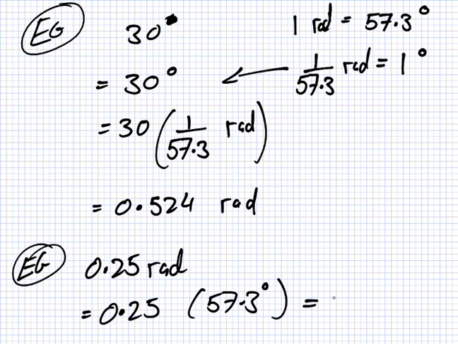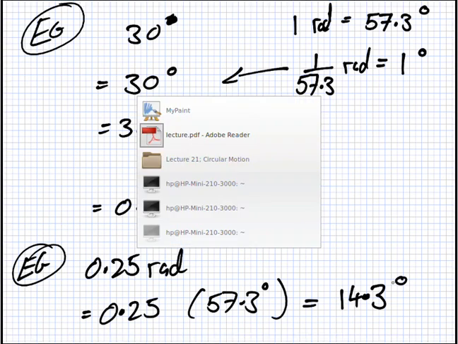So this equals 0.25 times 57.3, which is 14.325 degrees. So we're just using a new unit here, radians instead of degrees. That's all. There's nothing special here yet. Okay, back to the slides.